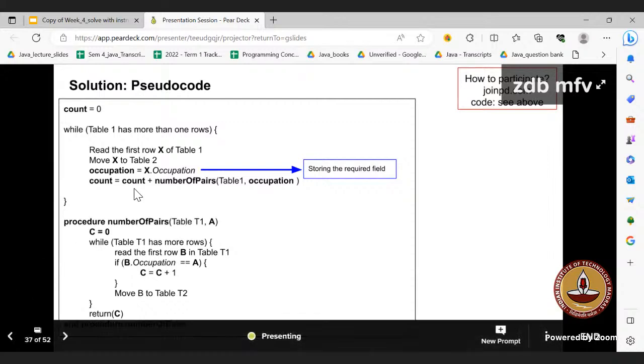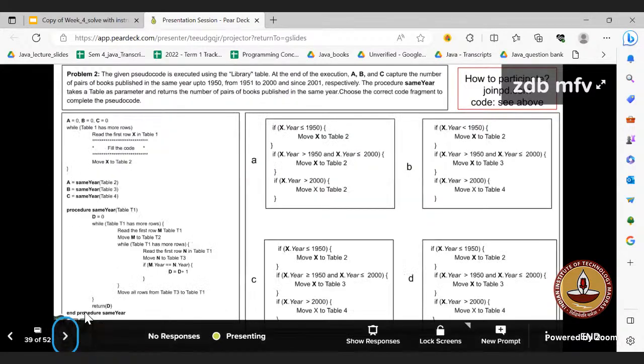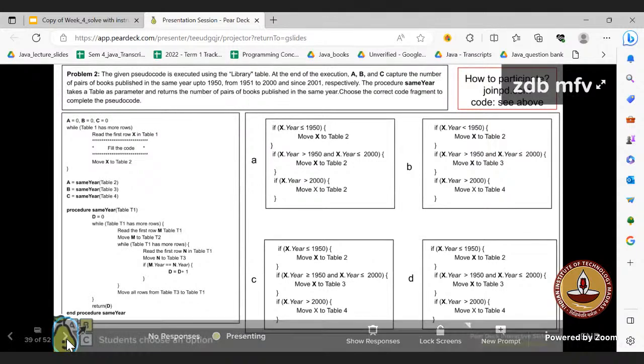So whatever is there here, you can delete this procedure, remaining number of pairs, everything, and just enclose everything here itself. So that also can be done. I think that will be coming in the coming question. Okay, this is using procedure only. Please work on this problem.